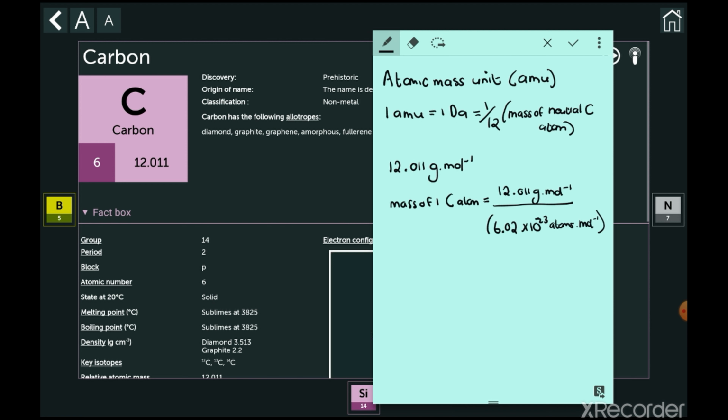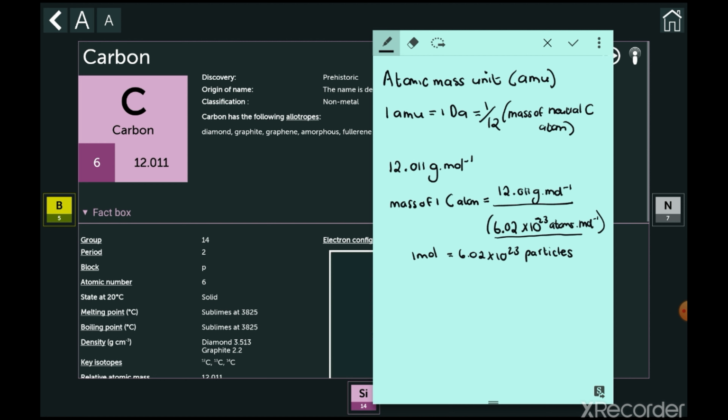What that means is, and this is going to be very important, inside of 1 mole you have this amount of particles, and that is Avogadro's number. That's the definition of it. That's what we define a mole as. So inside 1 mole of carbon, you have 12.011 grams.